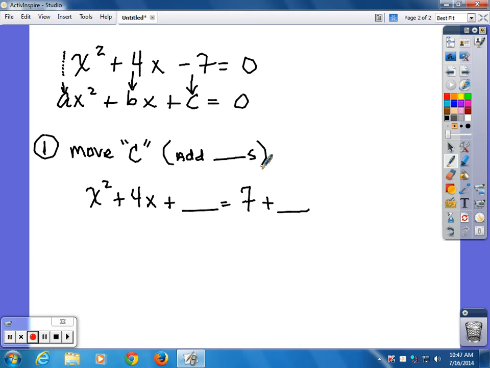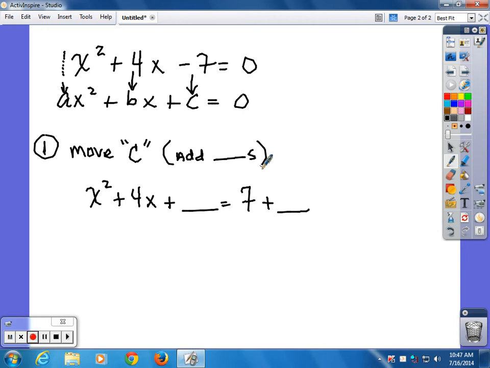Okay, now let's talk about that. Is that difficult? All right, so let's don't make that difficult. Add C's on both sides. I mean, move your C and add blanks on both sides.